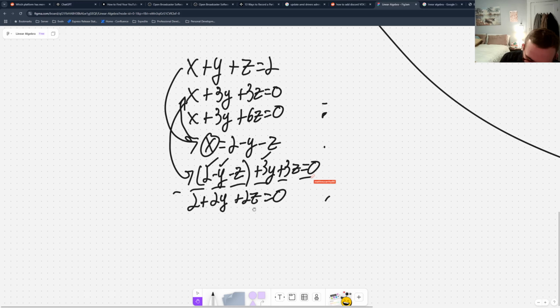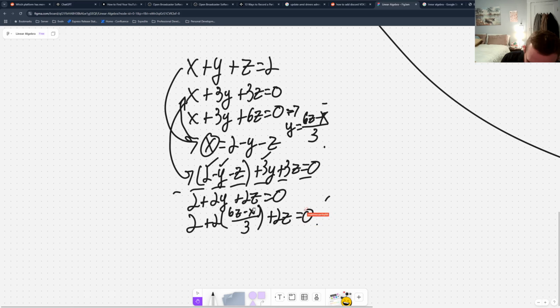So let's just say, let's do y. So this would be y equals 6z minus x over 3, right? And then we have 2 plus 2 times 6z minus x over 3 plus 2z equals 0.